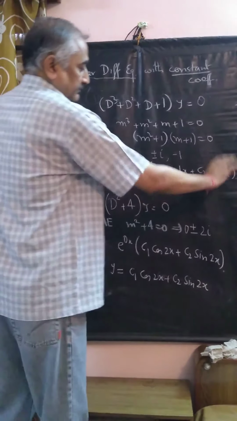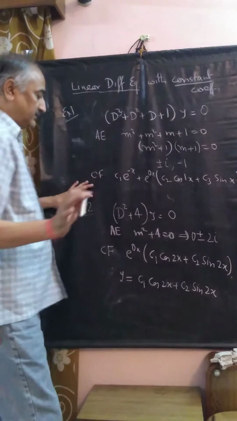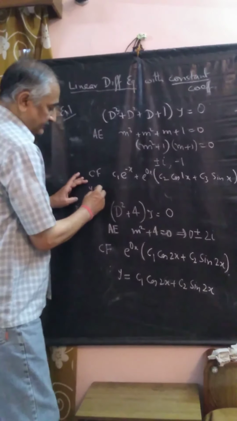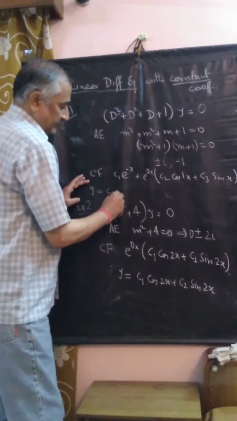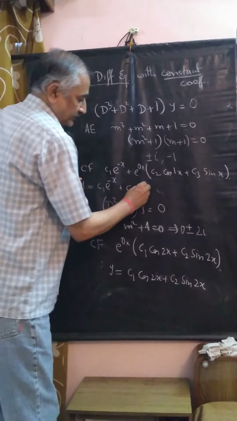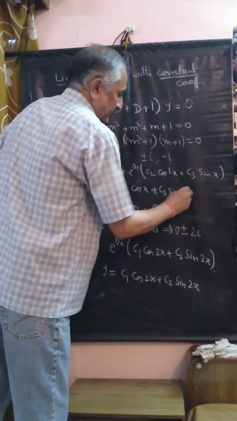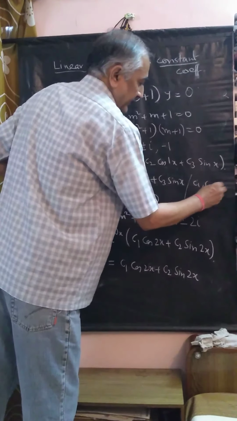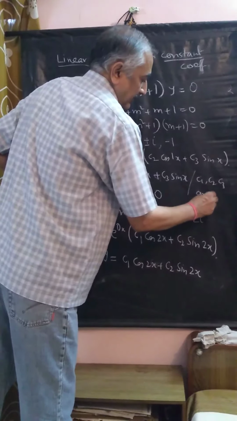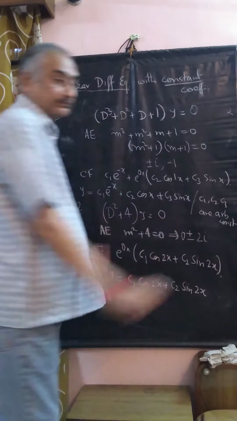So this becomes the complementary function, and because there is no right hand side, this is the complete solution. It is given by y equals c1 exponential minus x plus c2 cos x plus c3 sin x. All these c1, c2, c3 are arbitrary constants.